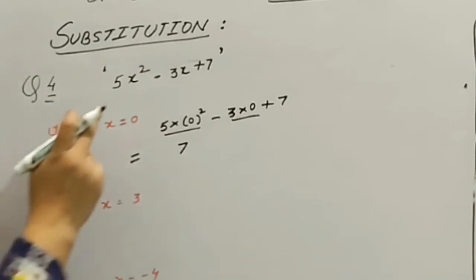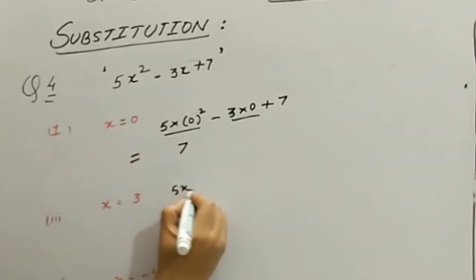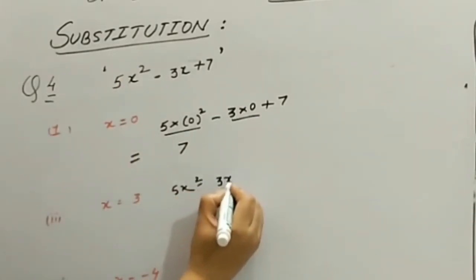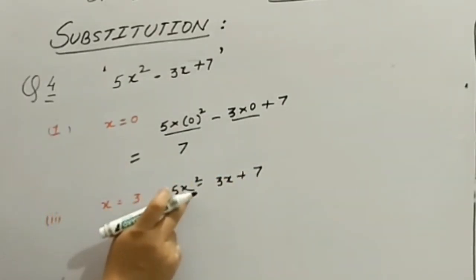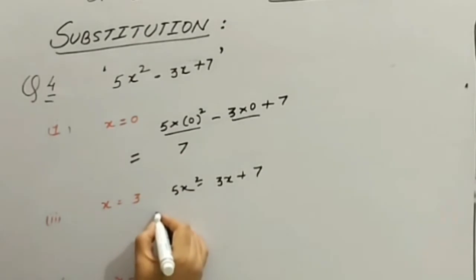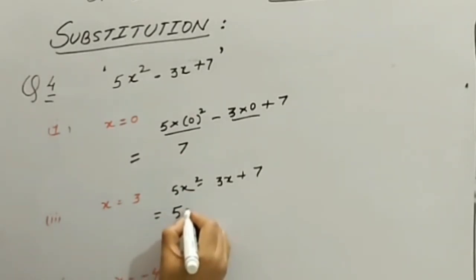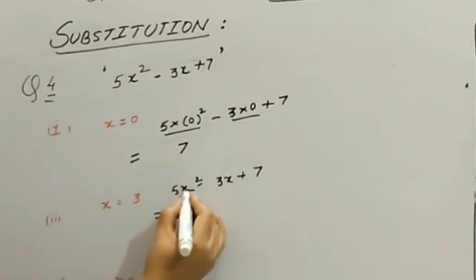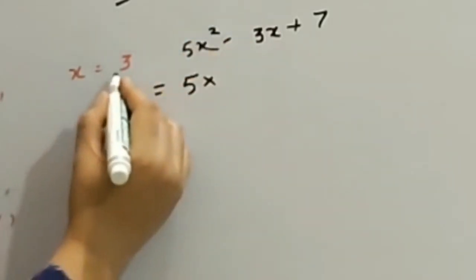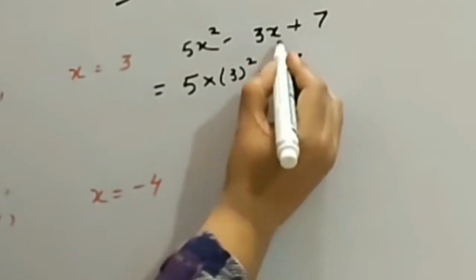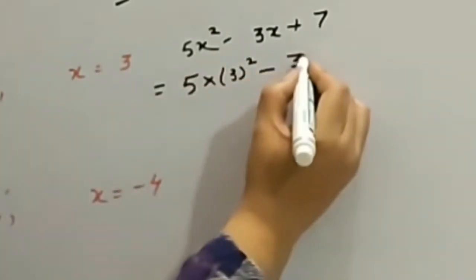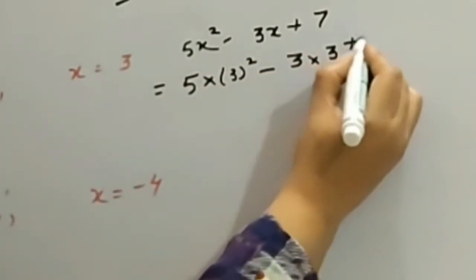Next one, take the expression 5x square minus 3x plus 7 and substitute x equals 3 in this expression. So how will you start? 5 into 3 square. The power is x square, so replace x square by 3 square. Minus 3 into x. Into x means into 3, plus 7.